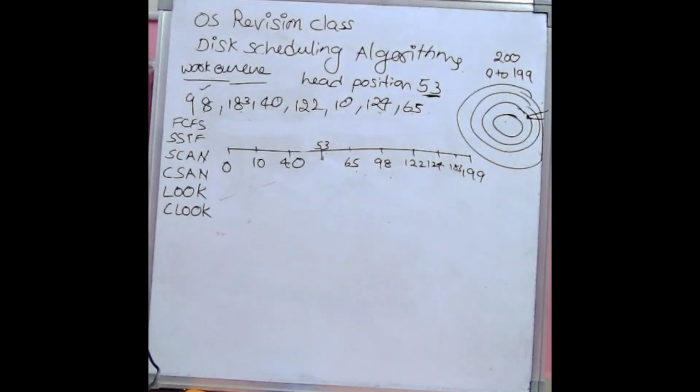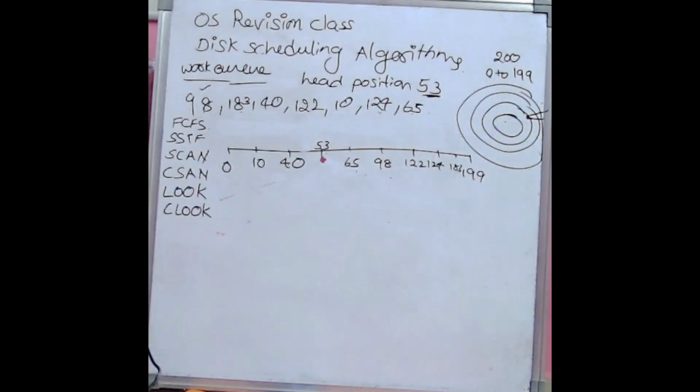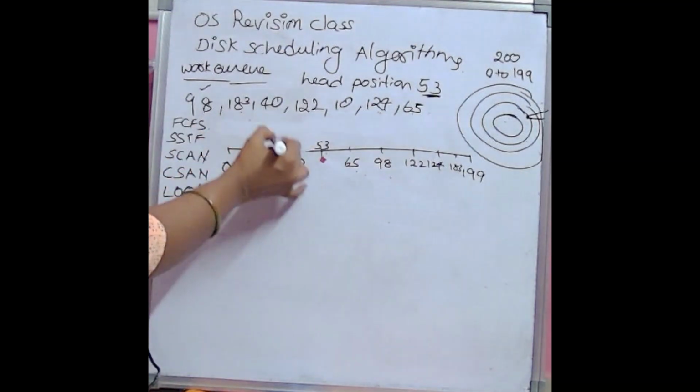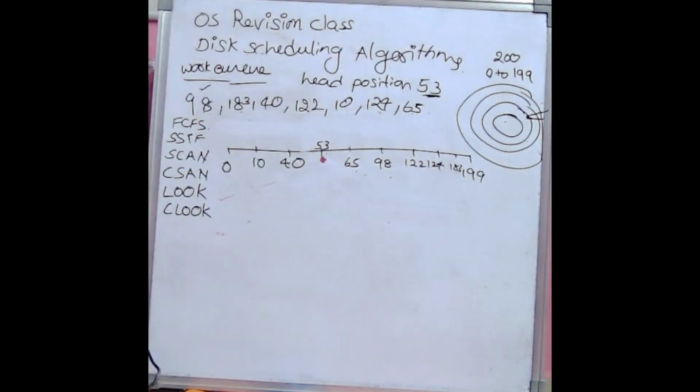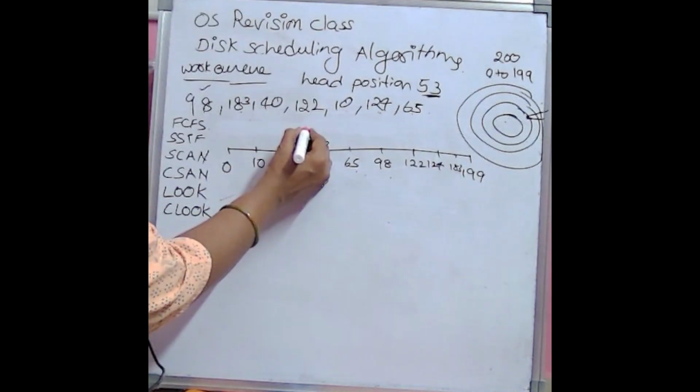One more way they give the direction is the previous request, the previous position of the head. Now the head is at position 53. Previously it was at cylinder 40, or the previously served request may be 45.